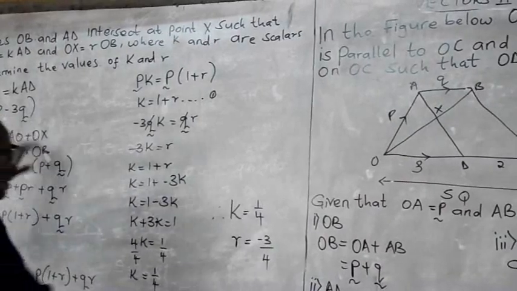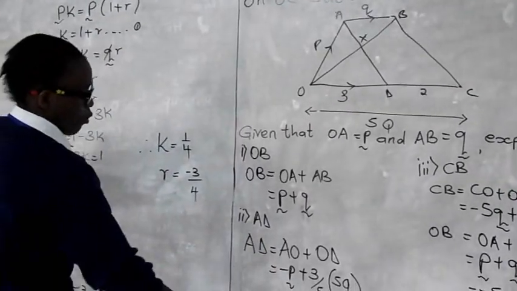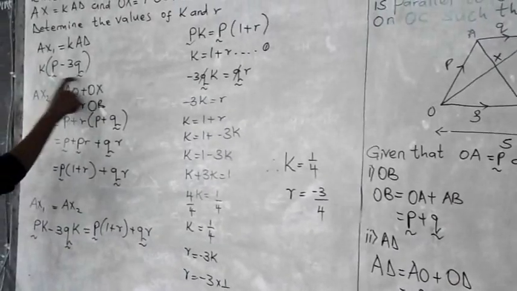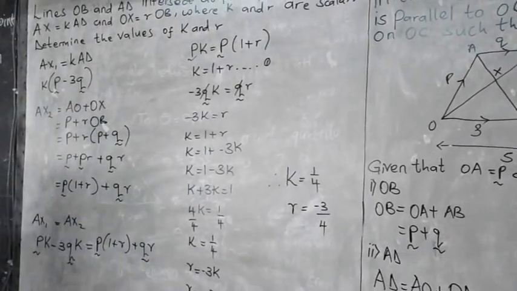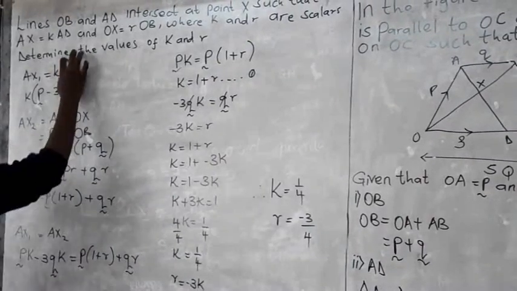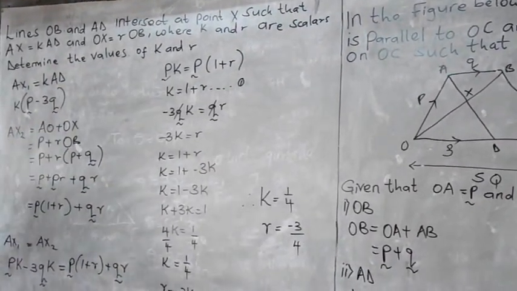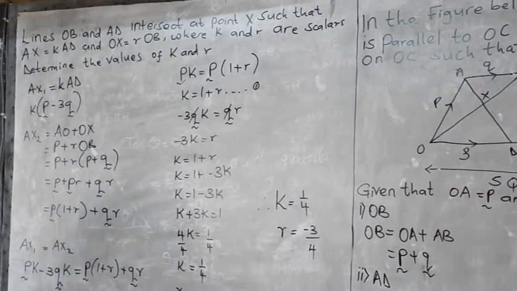We go back to our AD here. We already found the value of AD, which is 3Q minus P. Since K is unknown, we multiply the two. We have K times (3Q minus P). That's AX1.